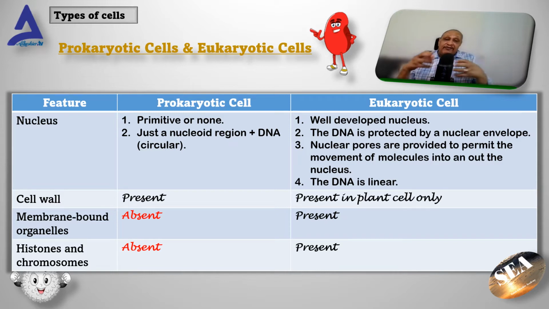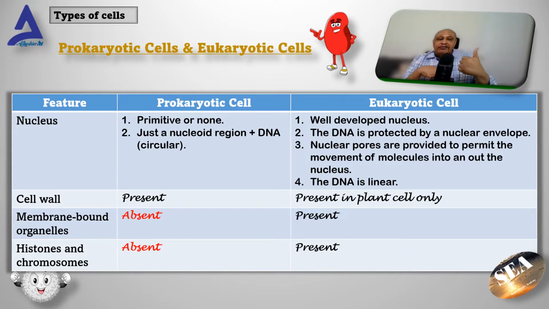The first type of classification we are going to take is the classification based on the development of the nucleus of each cell. This classification divides cells into two categories. The first category is called prokaryotic. The second one is called eukaryotic.